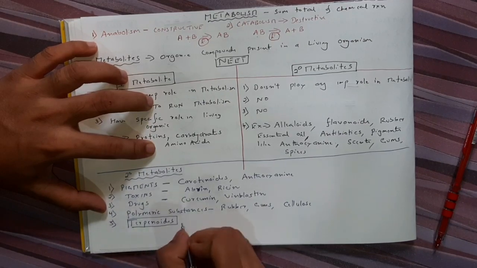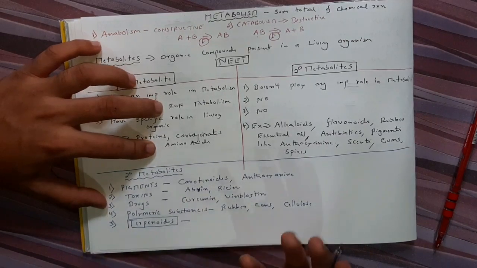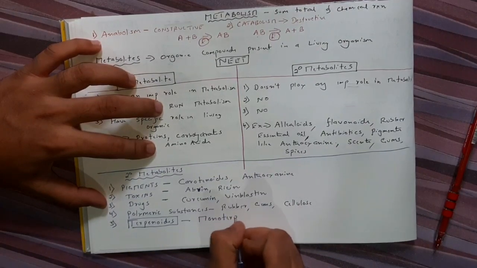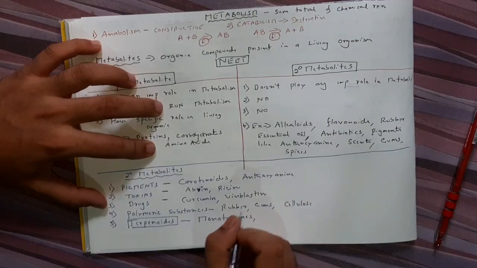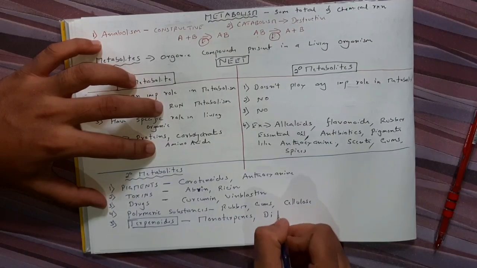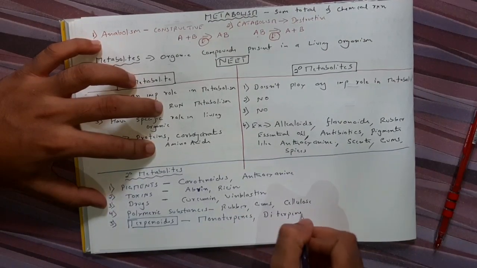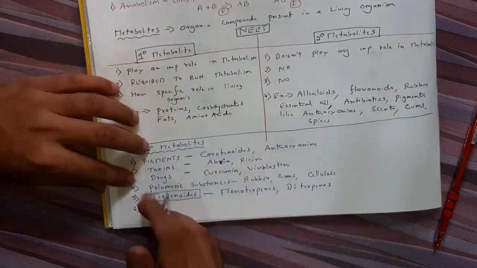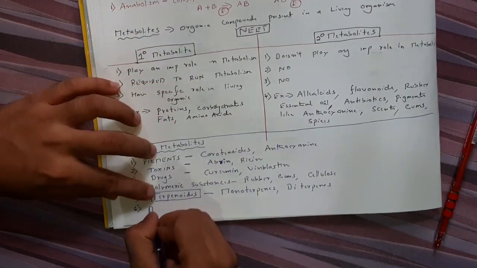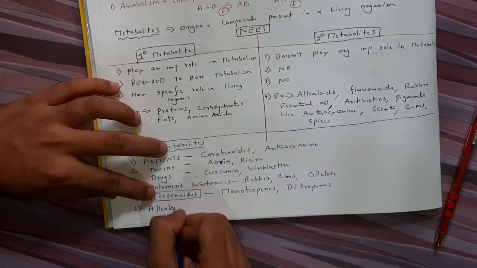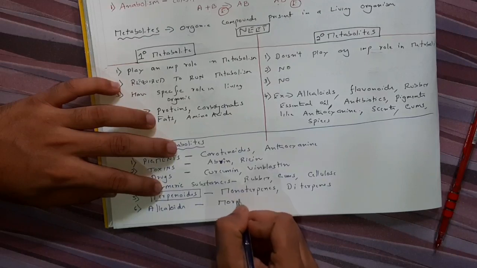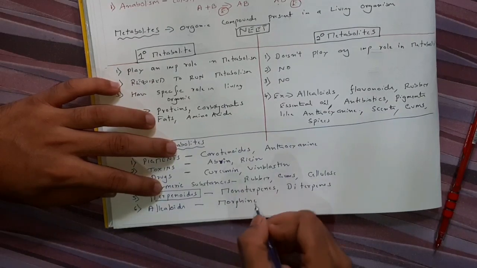Another type of secondary metabolite, terpenoid. You can write monoterpenes or diterpenes as examples. The sixth one, I hope it is visible to you now, is alkaloids. It's morphine. Morphine is very important for the production of brown sugar.